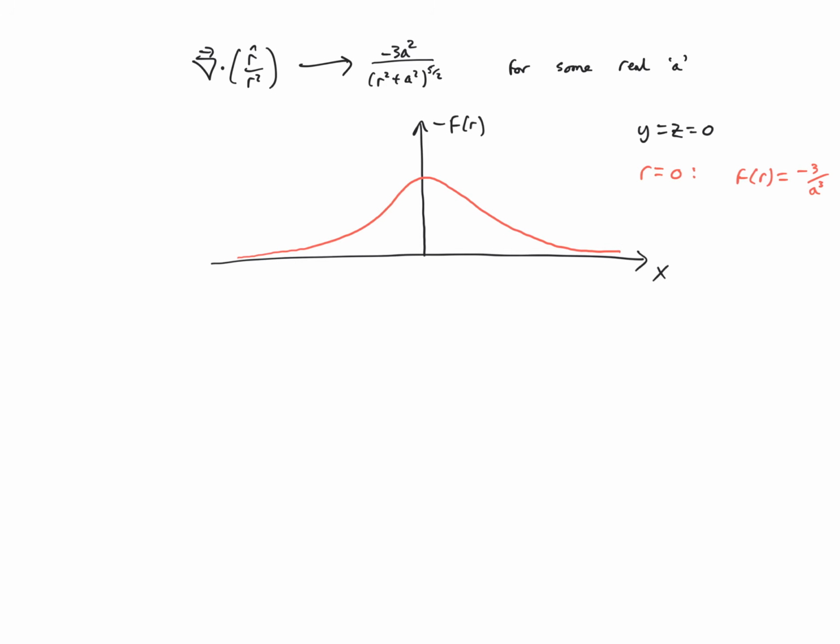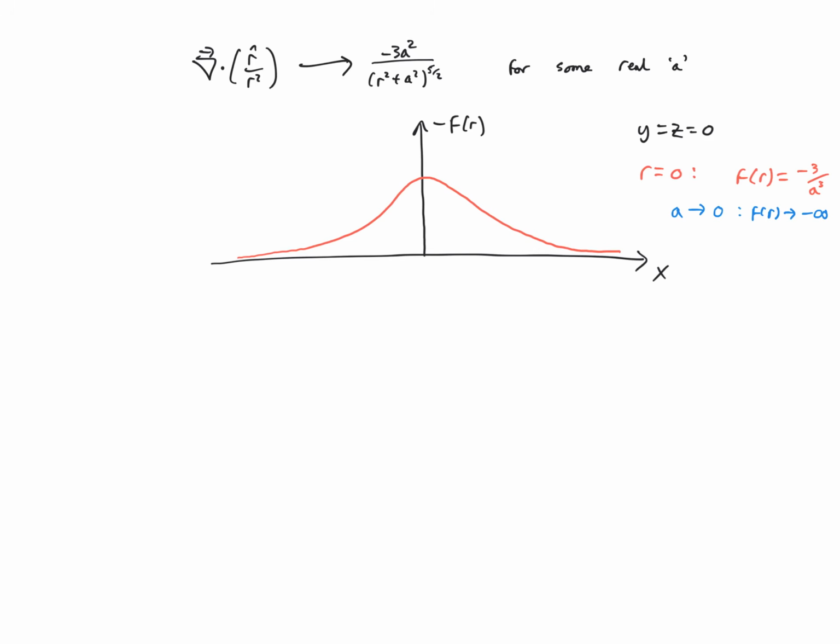However, we can also see from this that if I set r equals 0, and then I take the limit as a goes to 0, then f of r goes to minus infinity. So there's a problem there. This is the divergence problem that we had before. So how does that look when I sketch it?